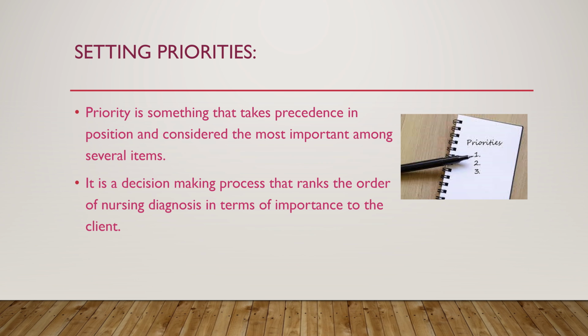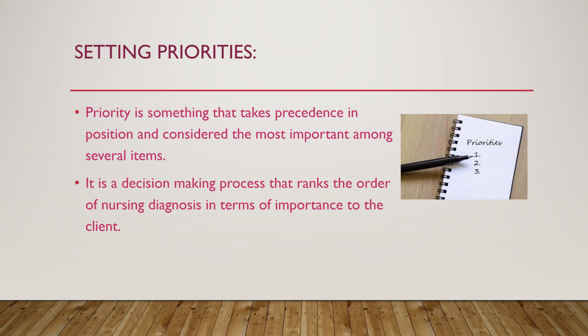In the diagnosis phase as well as in the planning phase, the first step is the setting of priorities, or prioritization of the patient's needs or nursing diagnosis. So now let us see what priority actually means. Priority is something that takes precedence in position and is to be considered the most important among several items. For example, you have a patient with ineffective breathing pattern and the same patient with knowledge deficit.